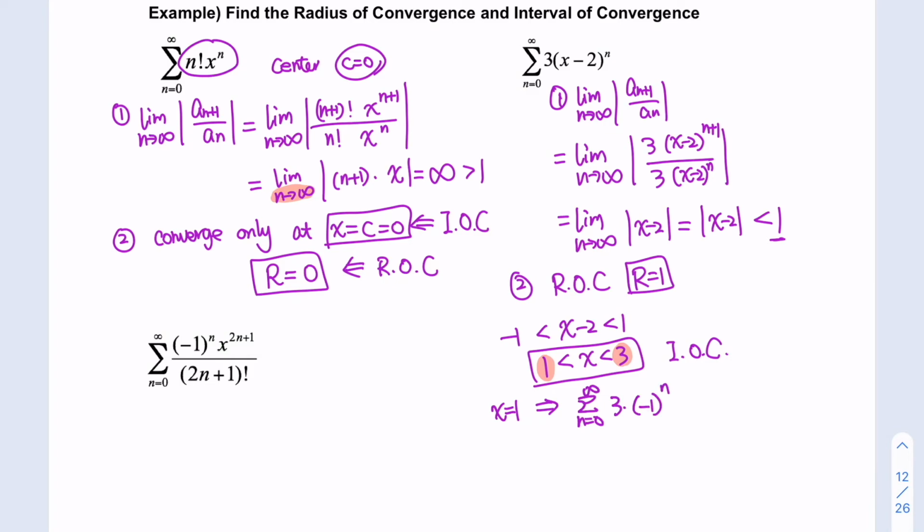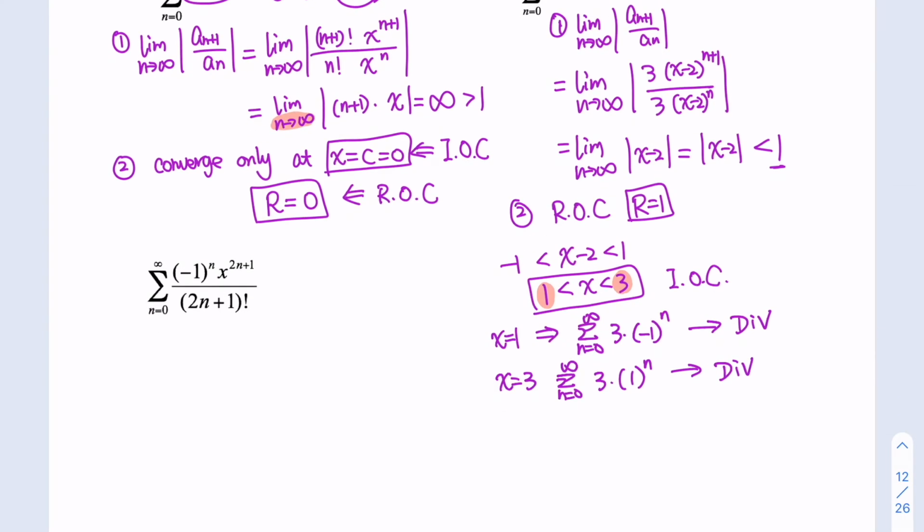As we know, this becomes an alternating series. As n goes to infinity, it's oscillating. By the nth term test, this diverges. And when x equals 3, we plug it in: the sum from n equals 0 of 3 times (3 minus 2), which is 1, to the n, which also diverges. So both endpoints diverge, so our interval of convergence will be 1 to 3, not including the endpoints.